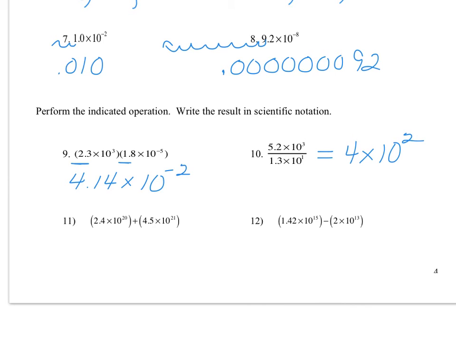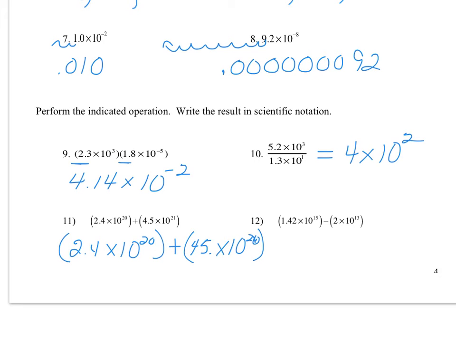So I can actually rewrite this as 2.4 times 10 to the 20th plus 45.0, or I could just say 45 point times 10 to the 20th also. Now if you take a look at it, let's make that a 20. I have like terms.